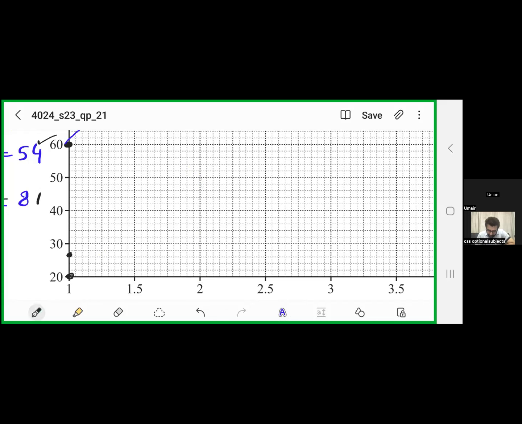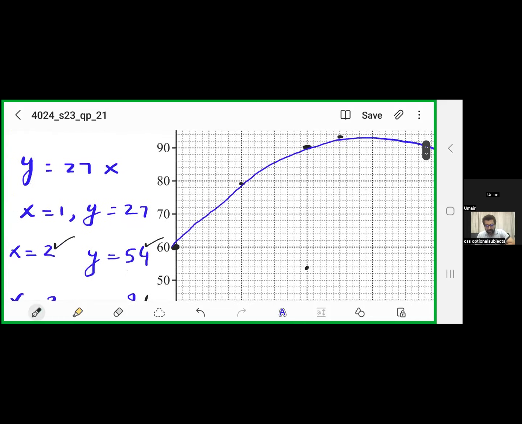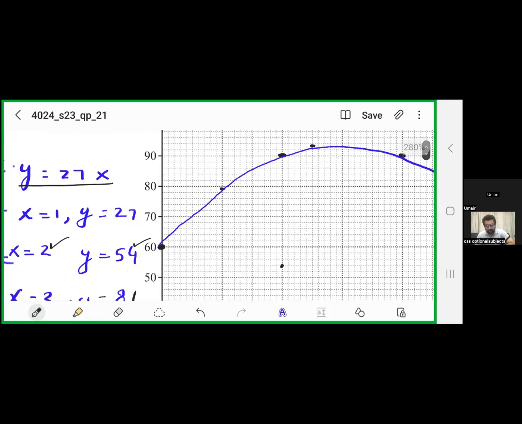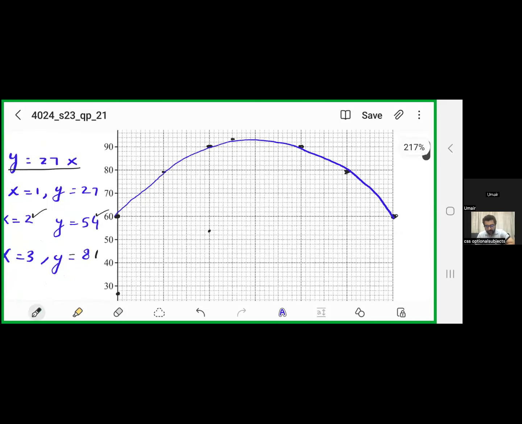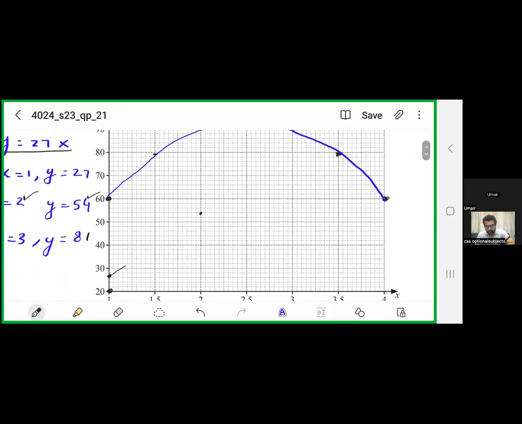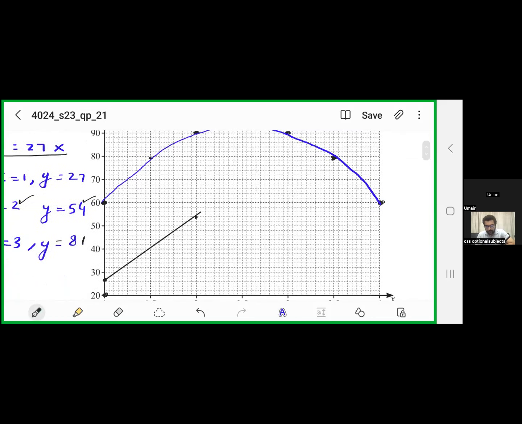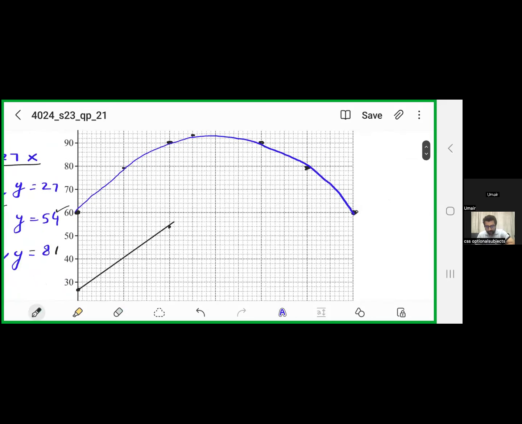This is 50, 52, 54. Because this is a linear equation, the graph will be a straight line for the volume of pyramid. Let us draw the straight line by joining these 2 points. Just extend this line so that it will intersect the graph drawn for the cuboid.